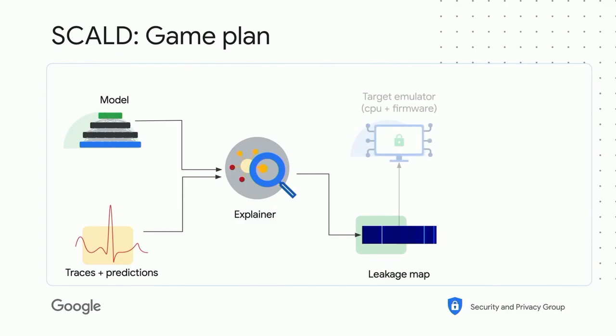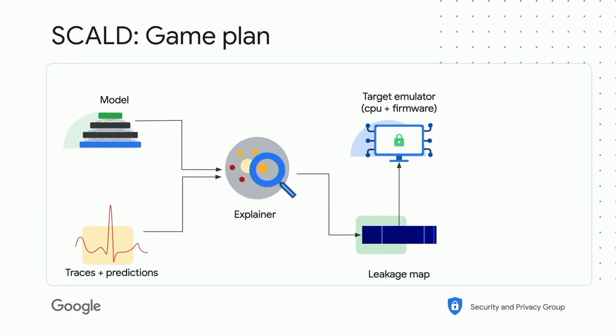So we need a second piece, which is where the dynamic execution comes in, which is the target emulator. If you remember, the target is the code running on a given hardware. Here it is TinyAES running on an STM32F4.